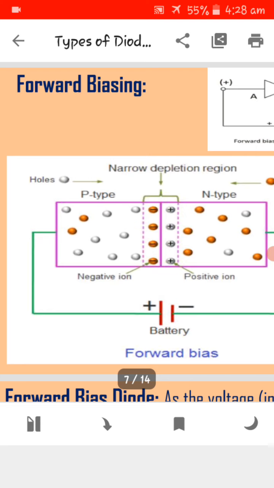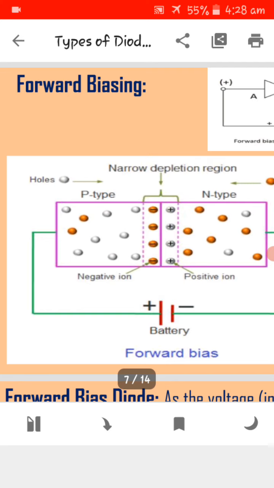For simplicity we are showing this diagram. What is the action inside the PN junction diode when we connect the diode in a forward bias mode?